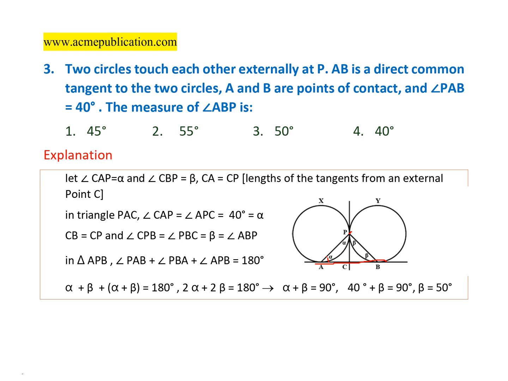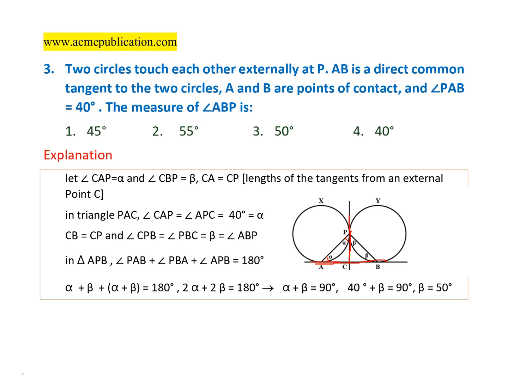Now we know that the lengths of tangents from an external point are the same, so the opposite angles will be the same. Now look at the triangle PAC. Here angle A and angle P are the same and angle A is equal to 40 degrees. Let's say this angle is alpha.